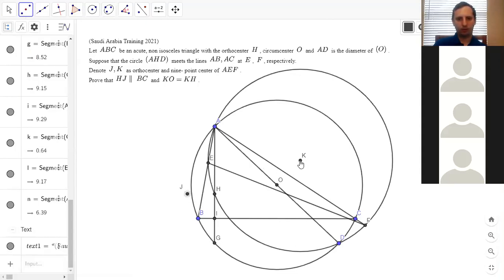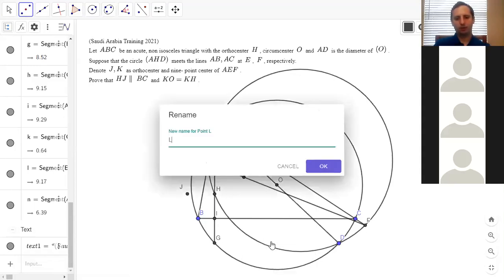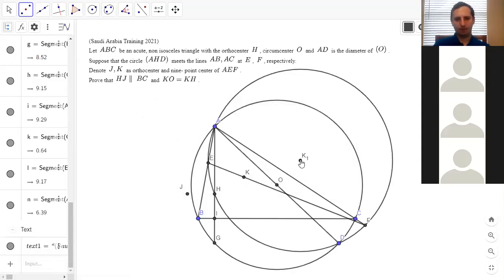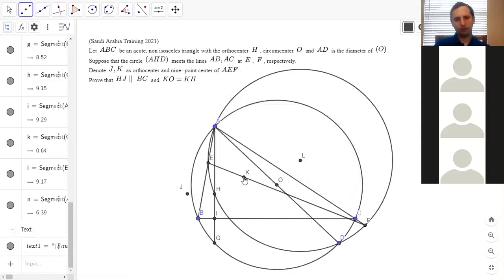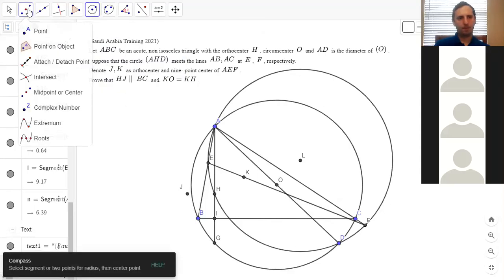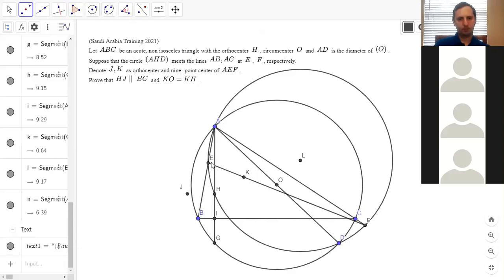Okay, so really oh, that's interesting. It happens to lie on EF. So I'll have to prove that. I'll call this L. So K is the 9-point center of AEF. Is that really true? Let me draw the 9-point circle. So the 9-point center lies on one of the sides.